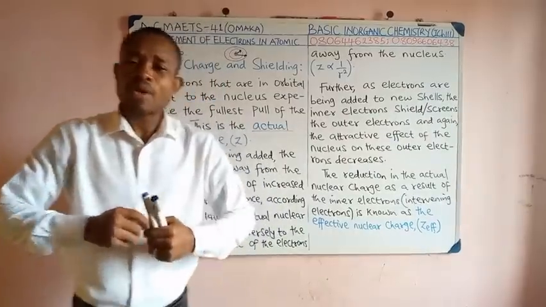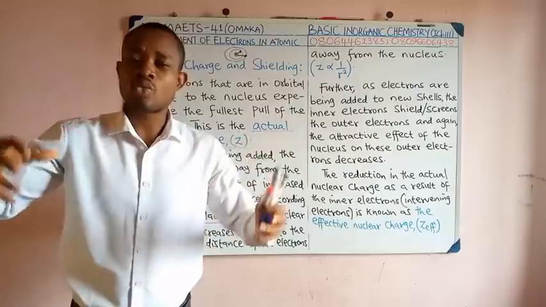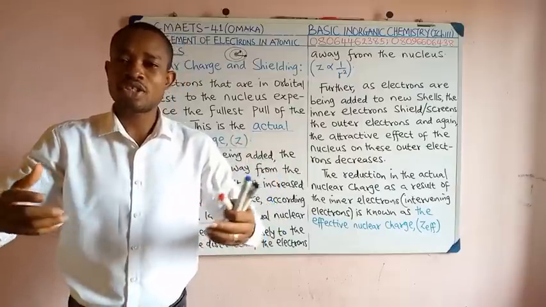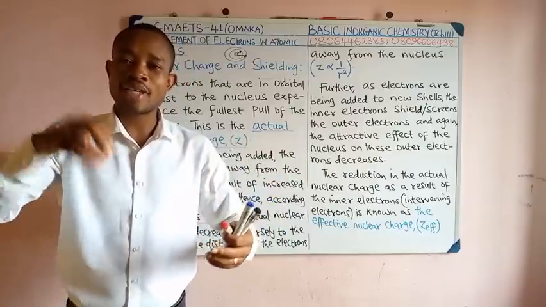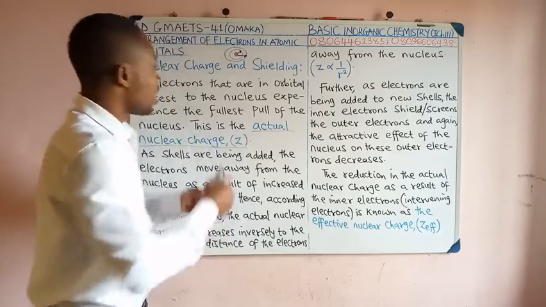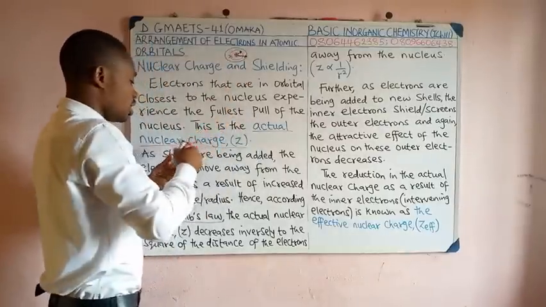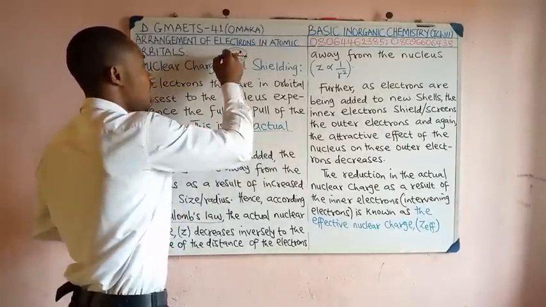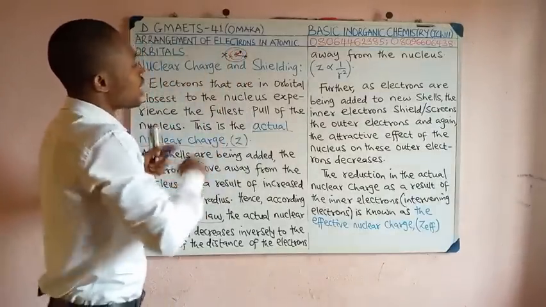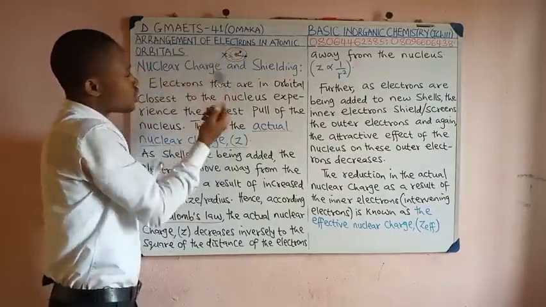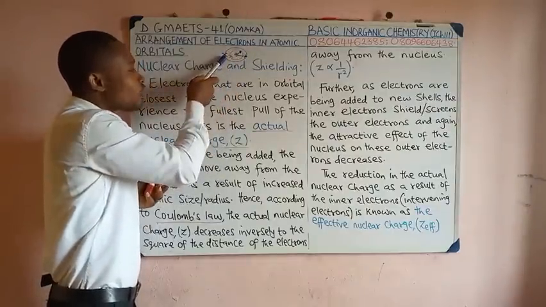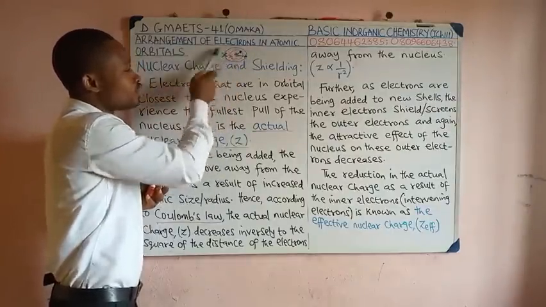Now, when you add a new shell to an atom, what happens? You don't just add the shell, you add it in order to be able to add new electrons. We have an electron in this inner shell, and an electron in this outer shell. When you add this new shell, you need to add another electron to the new shell.